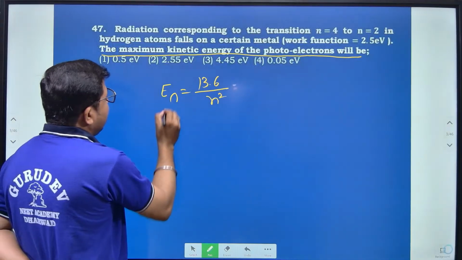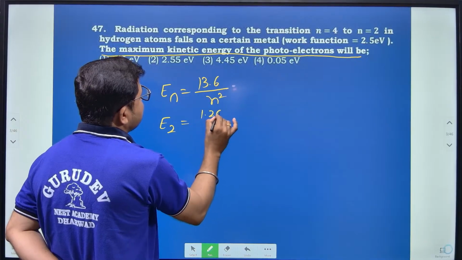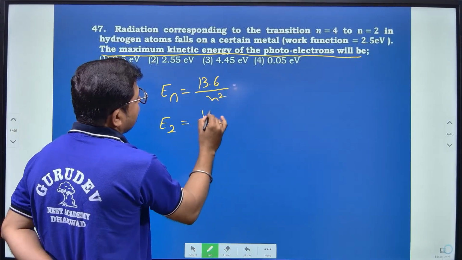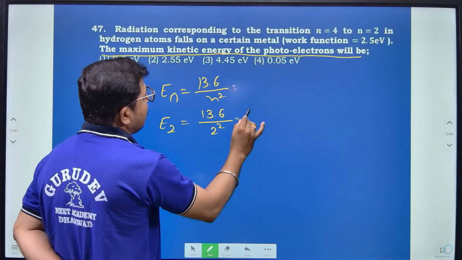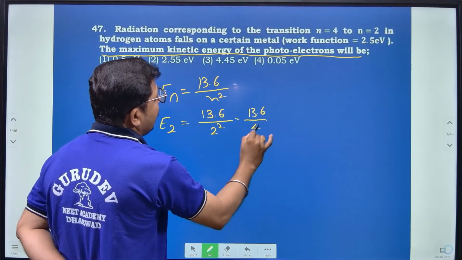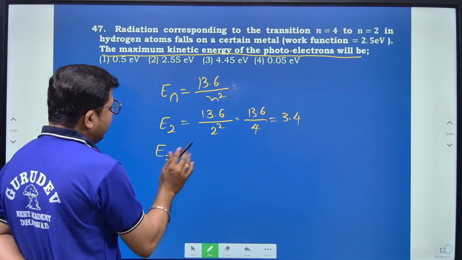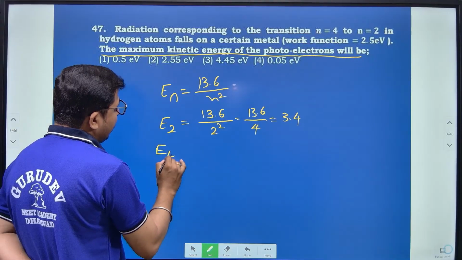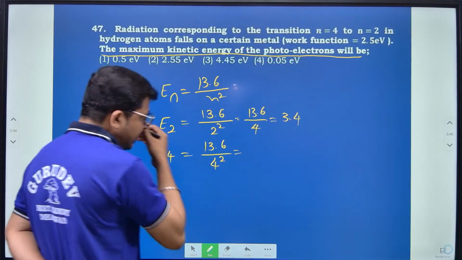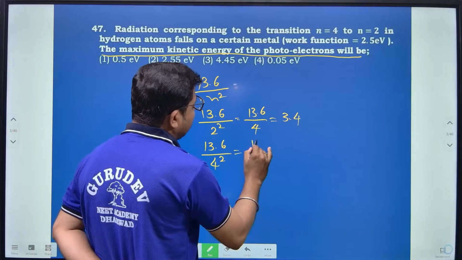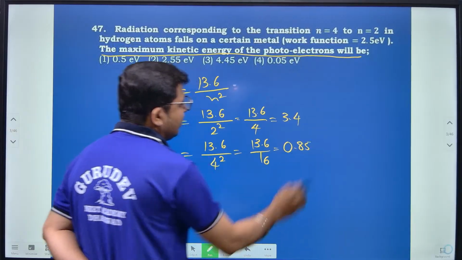E2 is equal to 13.6 divided by 2 square, that is 13.6 divided by 4. The answer will be 3.4. And E4 is equal to 13.6 divided by 4 square, that is 13.6 divided by 16. The answer for this one is 0.85.